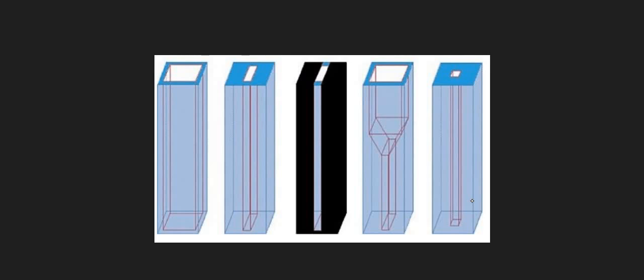All these five which can be seen here have the same external size, that is 10 mm by 10 mm, but the optical path and the container where the sample will be filled is variable, which is 10 by 10 in the first one, 2 by 10, 2 by 10 and 2 by 10 in the second, third and fourth, and in the fifth one it is 2 by 2 millimeter in size.